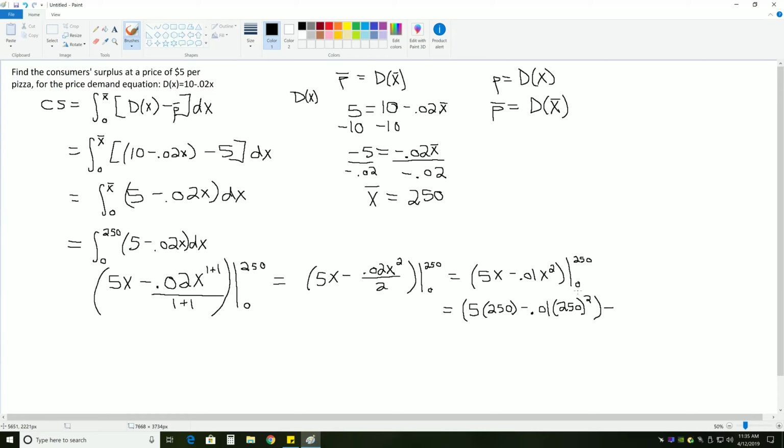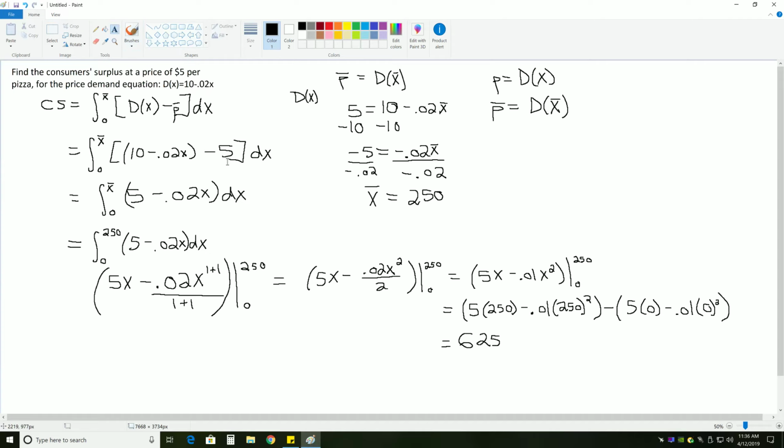And then we're going to subtract when we plug in our bottom limit of 0. So we get 5 times 0 minus 0.01 times 0 squared. And when you plug all of this into your calculator, you'll get 625.